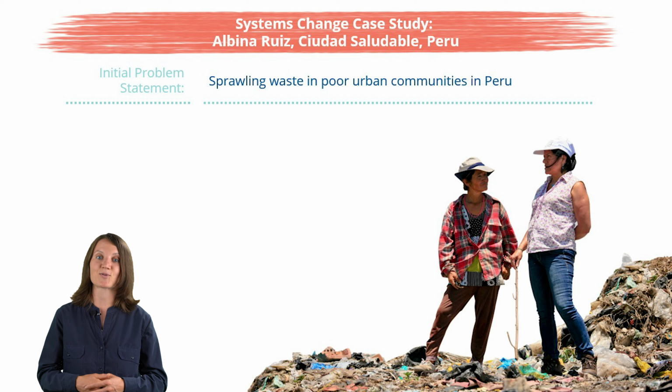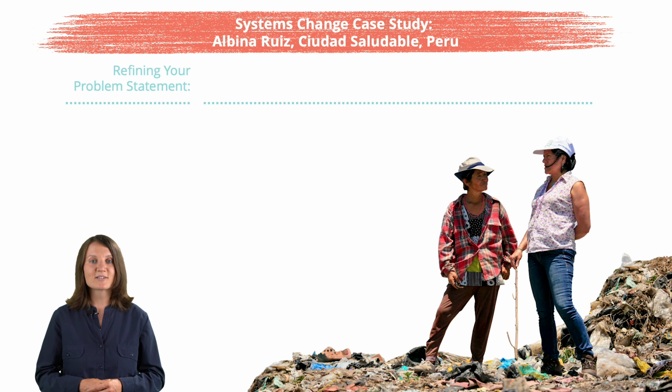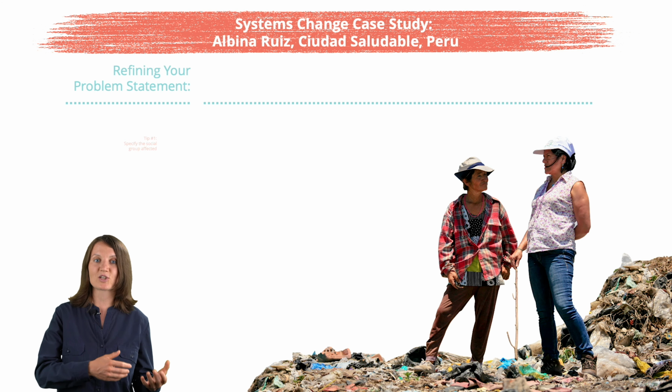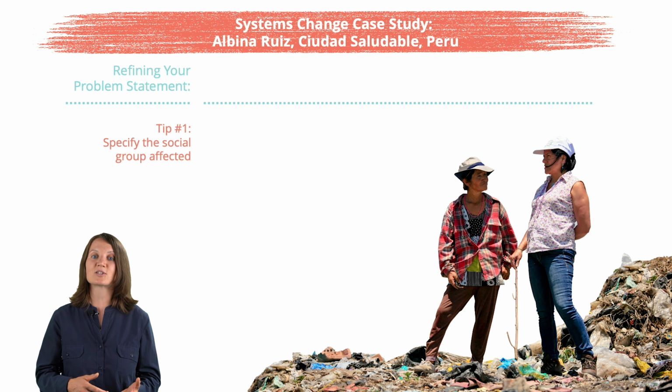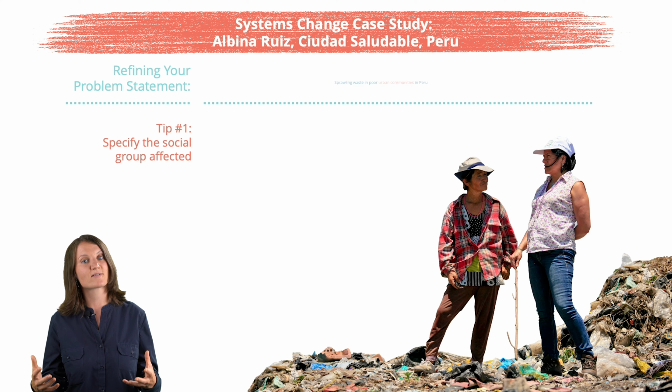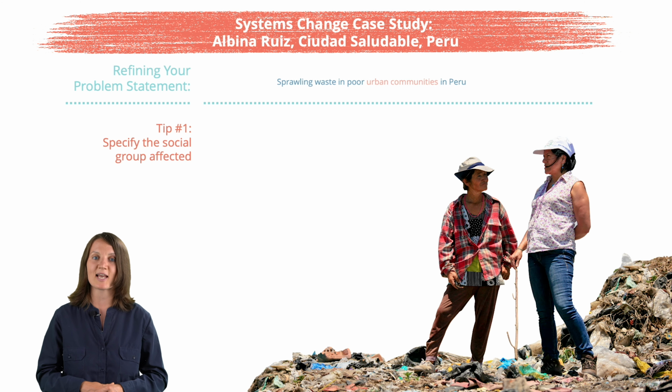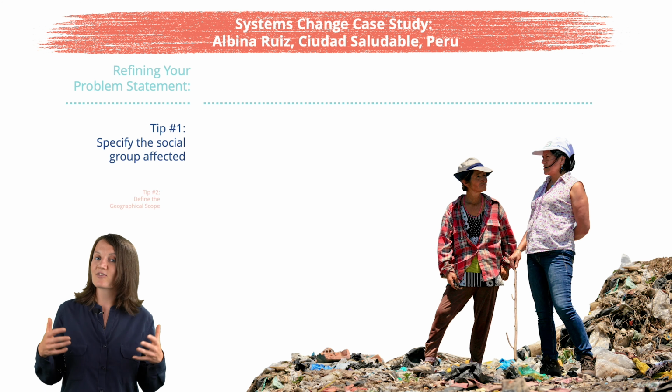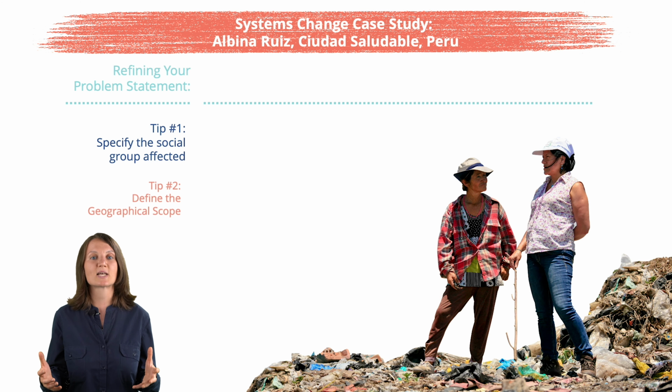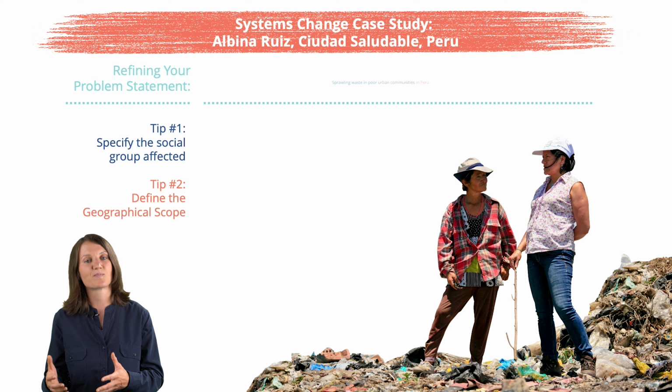Here are a few hints to refine your formulation. First, rather than just stating an abstract notion of waste management as a big problem, you can formulate the problem starting with a phrase specifying the social group affected, in our case, urban communities. Next, define the geographical scope of the problem to set some limits for your problem definition.